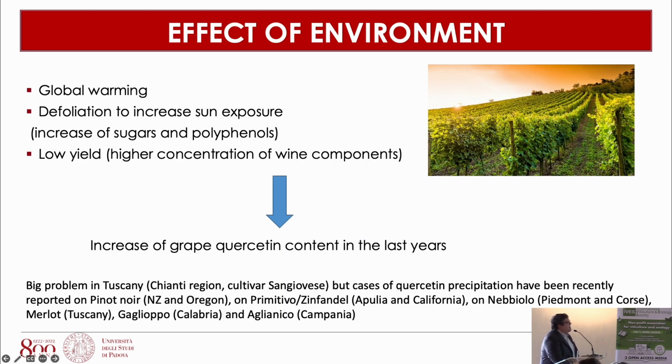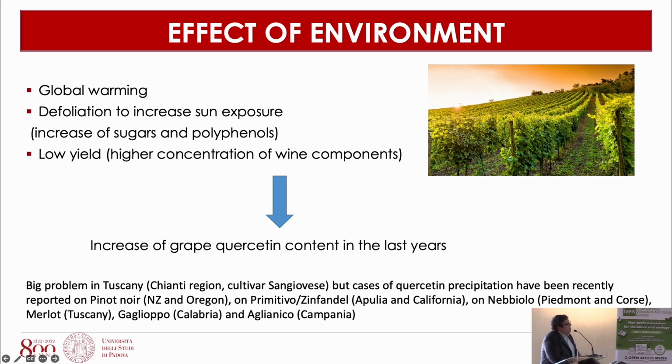But as Pierre-Louis was saying before, there is also an environmental factor, because also in Tuscany, where Sangiovese has been cultivated for many years, the problem of quercetin precipitation started 10 years ago. What changed? We say that quercetin is a photoprotector, so climate change and global warming increase the solar irradiation.